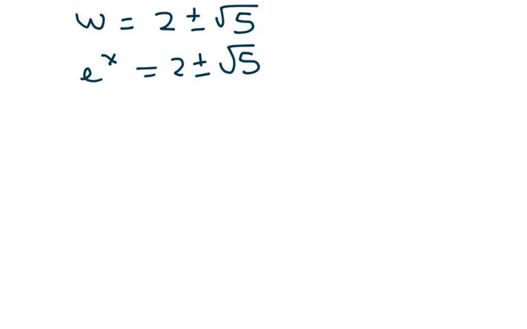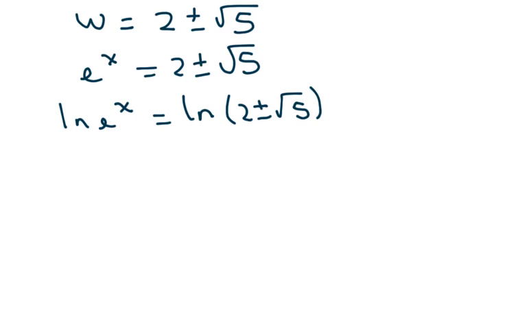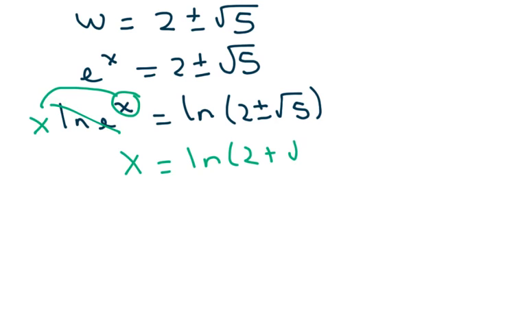And you take the natural log of both sides, and use your power property and bring the x down. This equals 1, so you get x equals natural log of 2 plus root 5, and you have x equals natural log of 2 minus root 5.